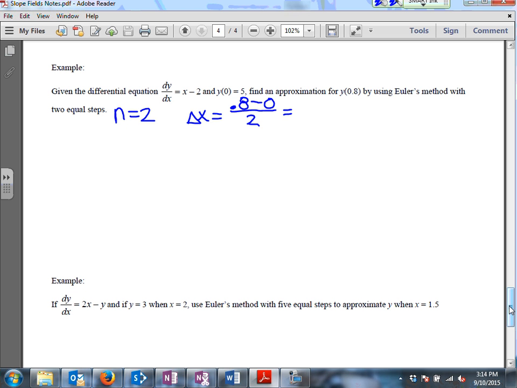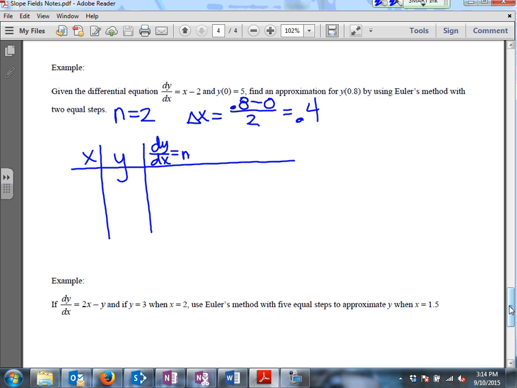So our change in x for each of our steps is going to be what? 2/5. Okay. So x, y, slope, change in y, new one.